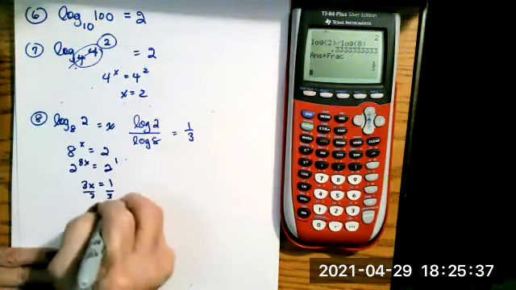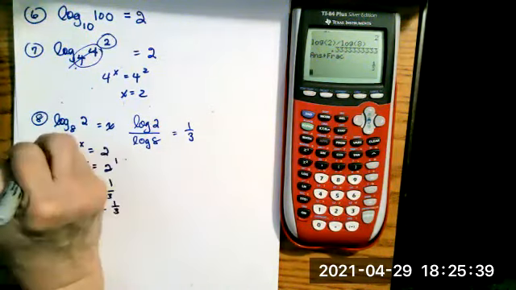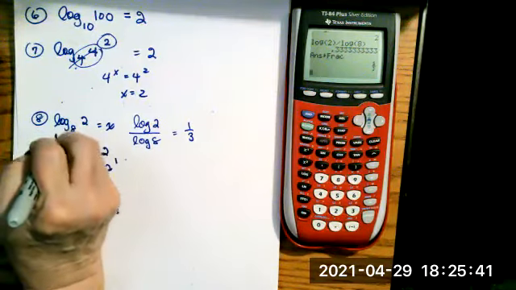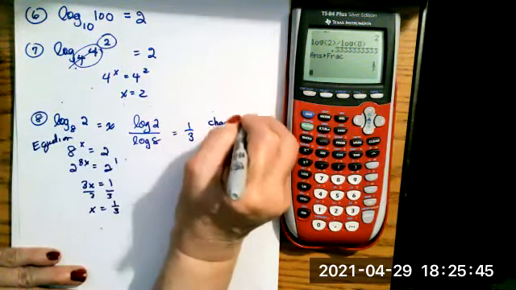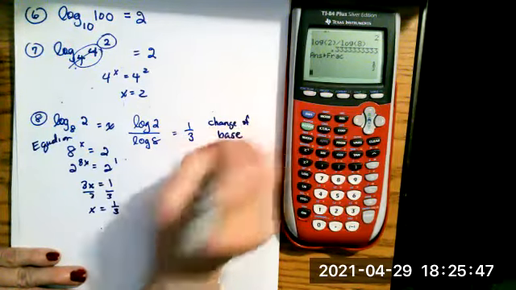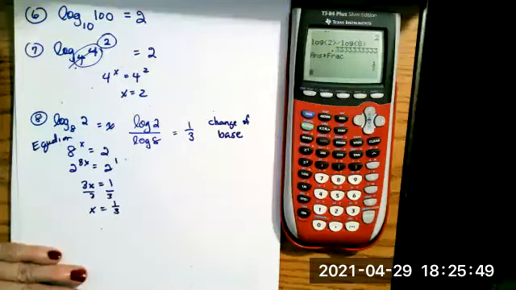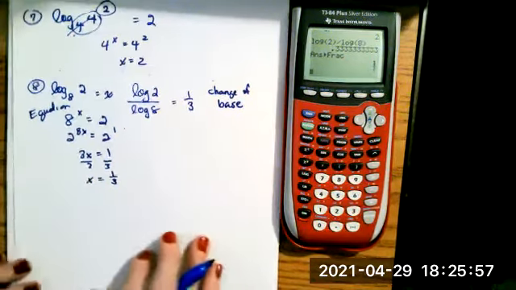X equals 1/3. So this is doing it using an equation. This one is change of base. Anybody have another way that you'd like to do it? You can use the math key and do it.